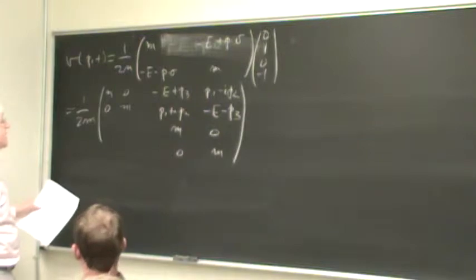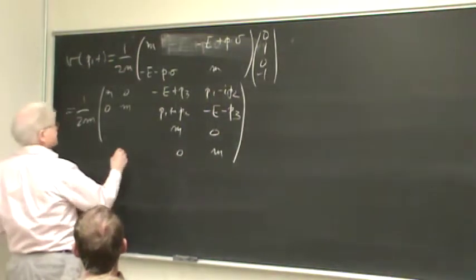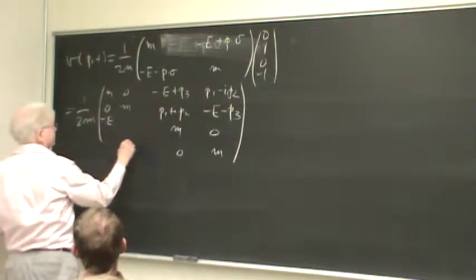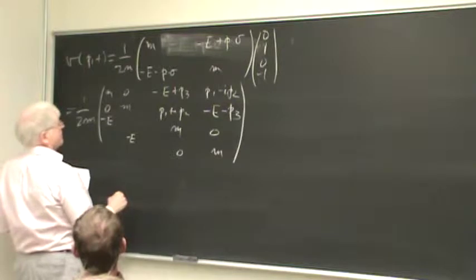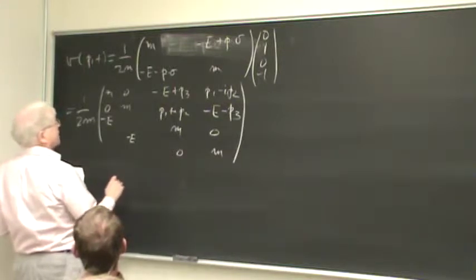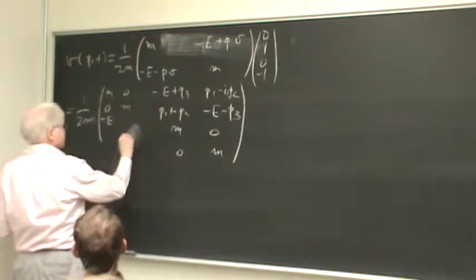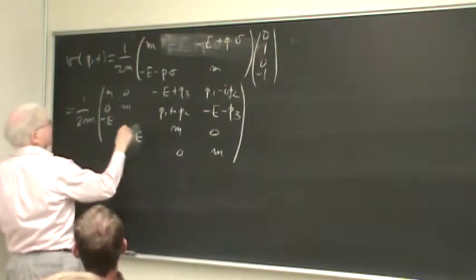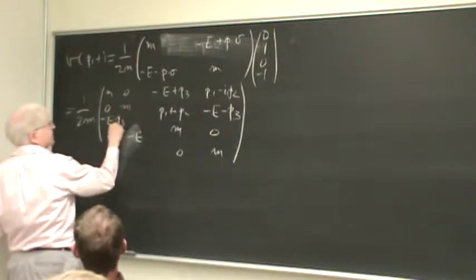So what do we have down here? The e's are the same, and so we have minus e, minus e. Yes, that's right, minus e, and then minus p3.